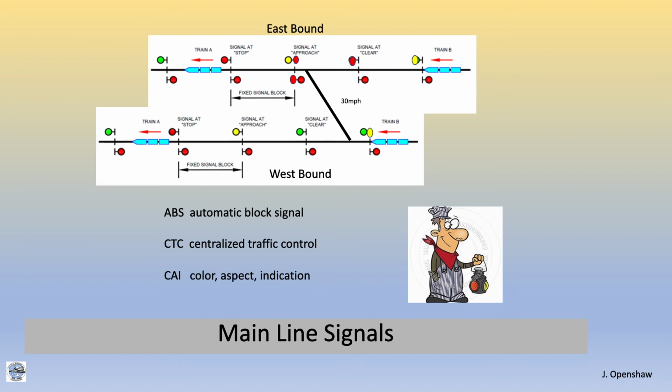Now on the bottom, on the right, this train is a high priority train. So what he'll do, he'll stop the train on the top, on the right, at the red signal, and this guy will get a yellow over green. It depends on the speed of the crossover. So if he's crossing over to run around the other train, that means he'll have approach medium: approach the next signal not exceeding medium speed.